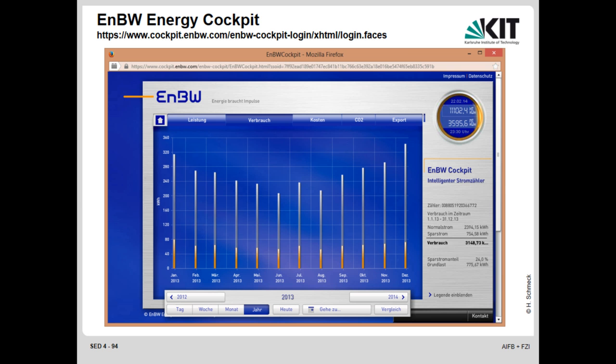What you see here is the consumption over 1 year. Obviously, in the summer months, there's less energy consumption than in the winter months because there is more usage of light, and the heating has to run. We just need more energy in the winter times. Can be seen here in a very nice way. And then you can compare that again to other years that you can select. So this is quite a nice interface.